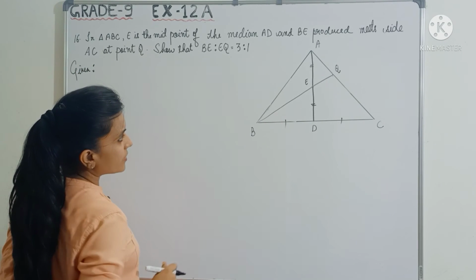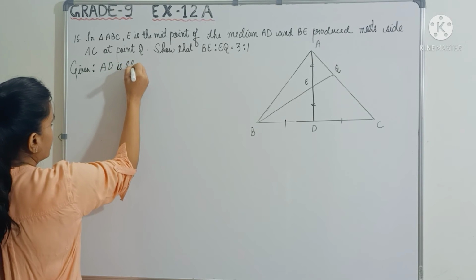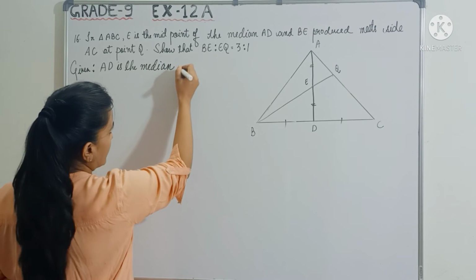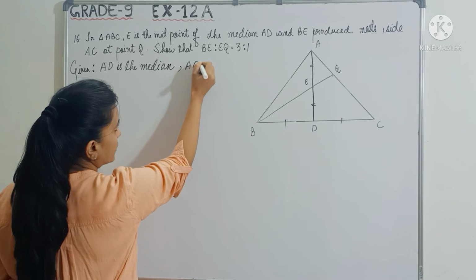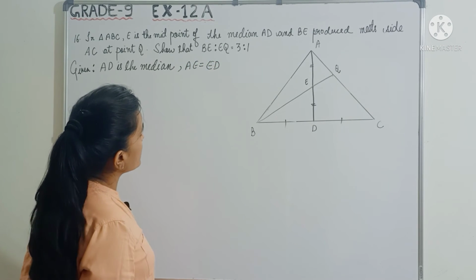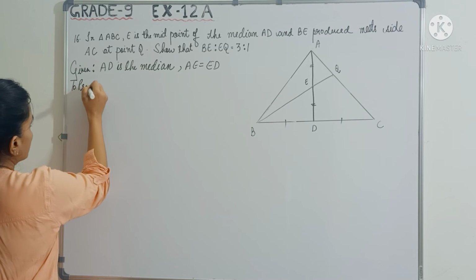So triangle ABC is given, right? And here AD is the median and E is the midpoint of AD, right? So AE is equal to ED. Yeah, that's it. Now what do we have to prove?